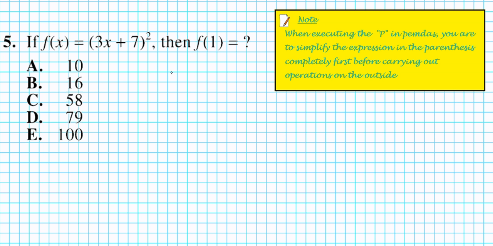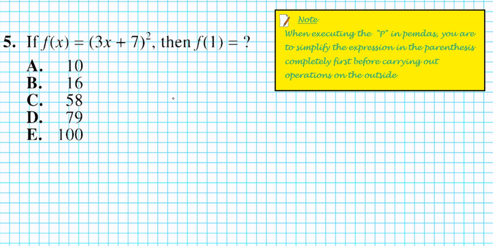Just something to note is that if you're simplifying an expression using the order of operations, please excuse my dear Aunt Sally, PEMDAS. Remember that P, the grouping operation, requires you to simplify the content of the parentheses completely first before dealing with operations outside the parentheses.